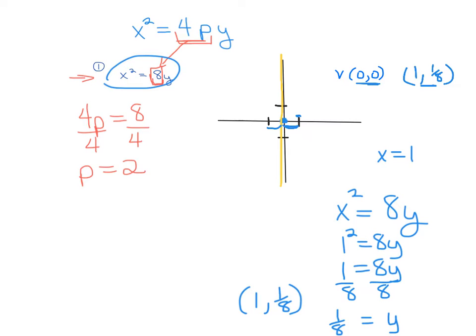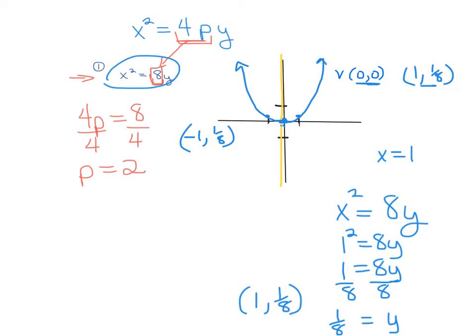I could come over here 1 unit away and put it at -1, 1/8. Because I need a left side of my parabola and a right side. So I can use the line of symmetry without having to plug in more numbers. So now I can make my graph. So here is my U shape. Again, I'm just trying to get a feel if it's super skinny or super wide.